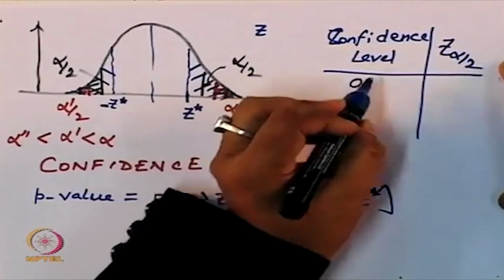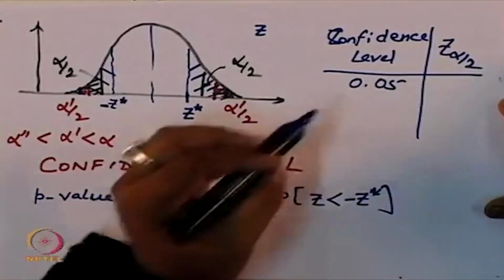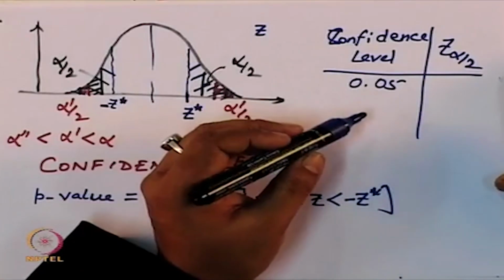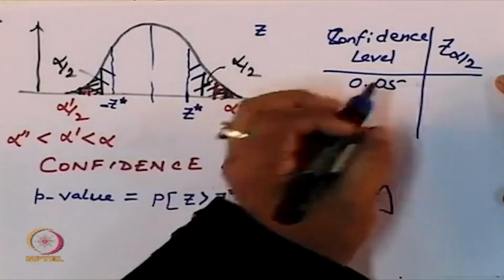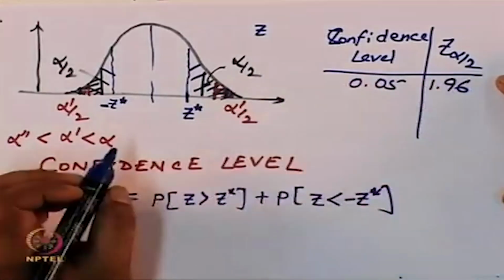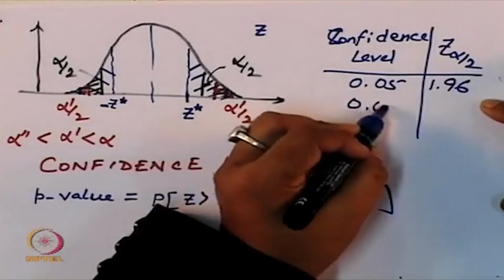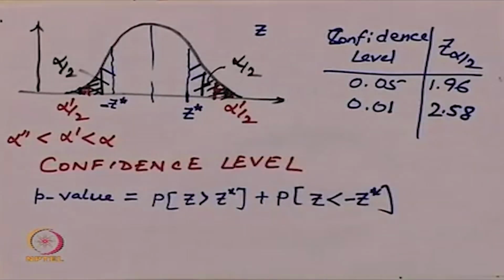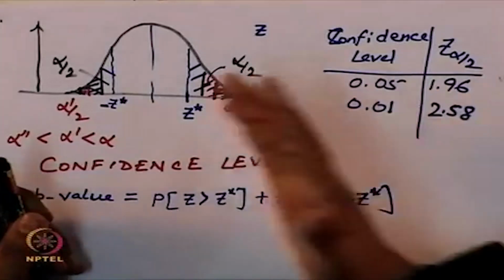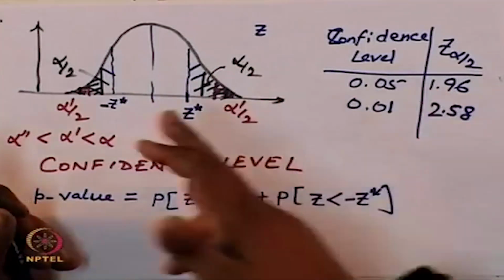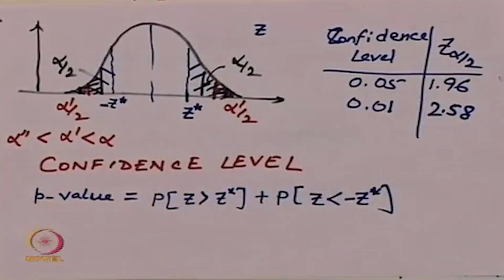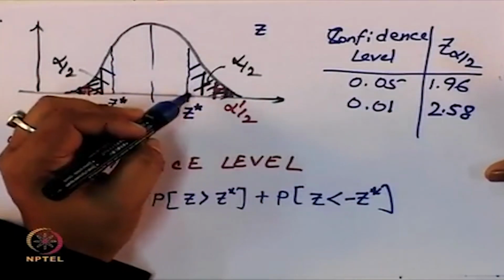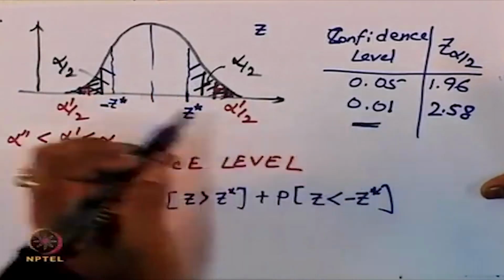If you want a significance level of 0.05, which means 95% certainty that you reject H naught, this value of z alpha by 2 is 1.96. If you want 0.01, then this value becomes 2.58. So, in other words, you want to calculate the probability Z greater than 2.58 or the probability Z less than minus 2.58.